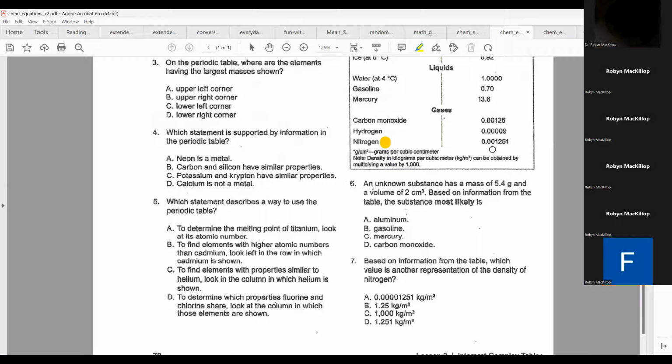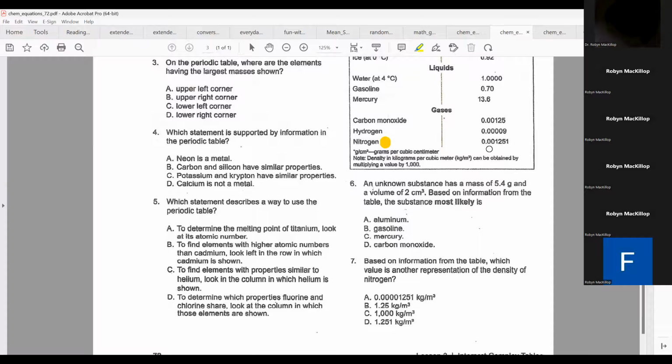And this is the density, 0.001251. That is not an answer. What do we do? Do we multiply by 1,000? Yes.